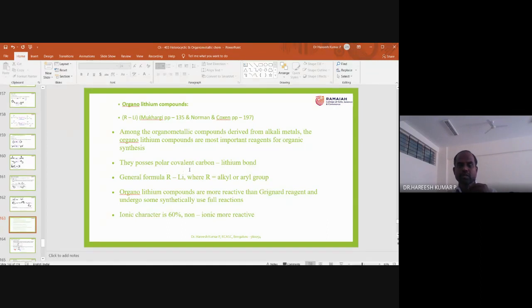They possess a polar covalent carbon-lithium bond.